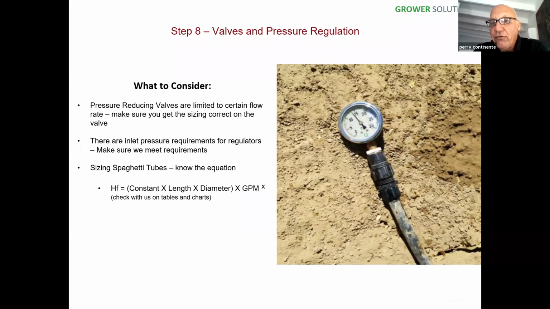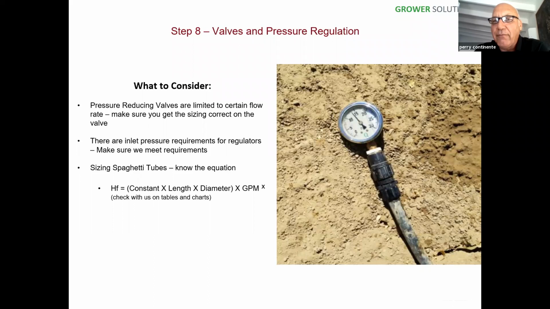For instance, if you're using pressure, don't over pressure regulate your system, because there's always a loss. So if you're using pressure compensating emitters, then don't put pressure regulation in front of it unless you need to somehow limit the amount of pressure that goes to it. There's elevation.